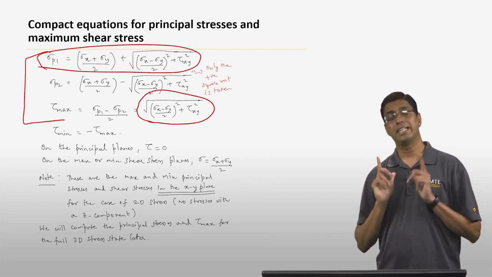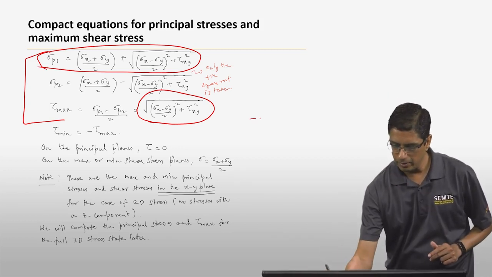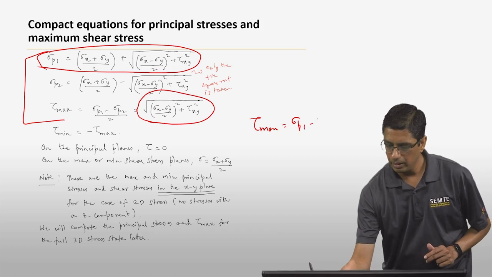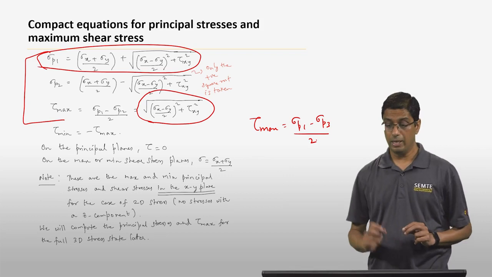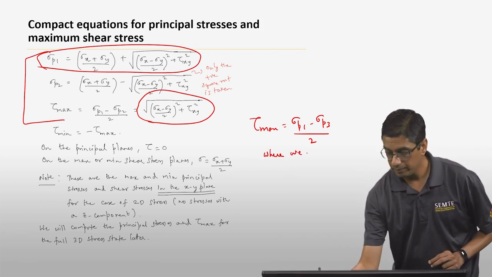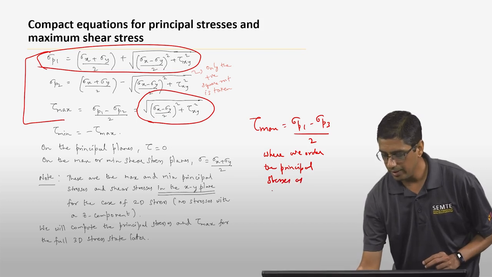When it comes to a 3D case, tau max is actually going to be sigma P1 minus sigma P3 divided by 2, where we order the principal stresses as sigma P1 greater than sigma P2 greater than sigma P3.